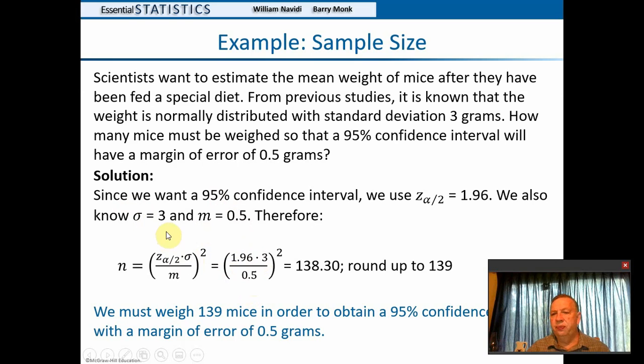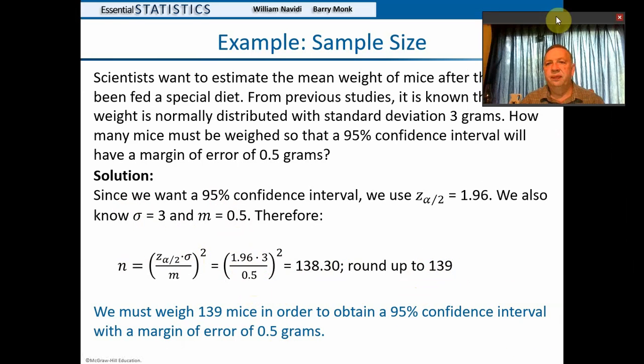That's known from previous studies. So the number we would need was 138.30. So I need to round up to get 139. That's our sample size. Okay. So we must weigh 139 mice in order to obtain a 95% confidence interval with a margin of error of 0.5 grams. Okay. So I'm going to wrap that up here.